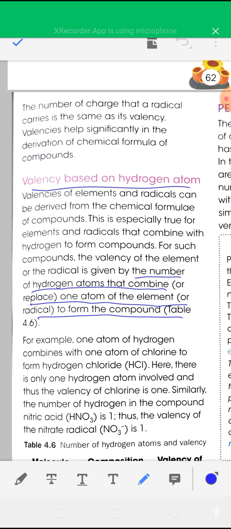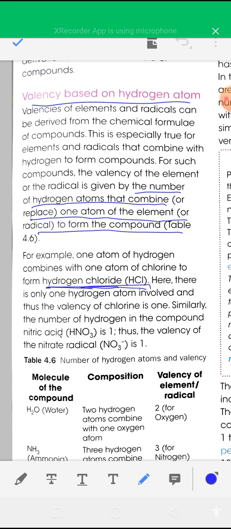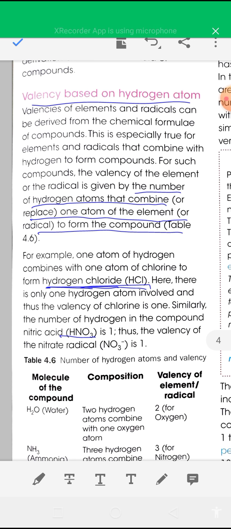In HCl, one hydrogen atom is directly joined with one chlorine atom. So the valency of chlorine is 1. In NO3, the valency of the nitrate ion, the NO3 minus ion, is 1, because the NO3 minus ion is directly joined with one hydrogen atom. So the valency of the nitrate ion is 1.